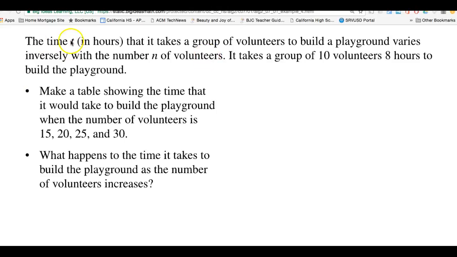Okay, so the time in hours that it takes a group of volunteers to build a playground varies inversely with the number of volunteers. So we know the time is equal to our inverse variation constant A over the number of volunteers.